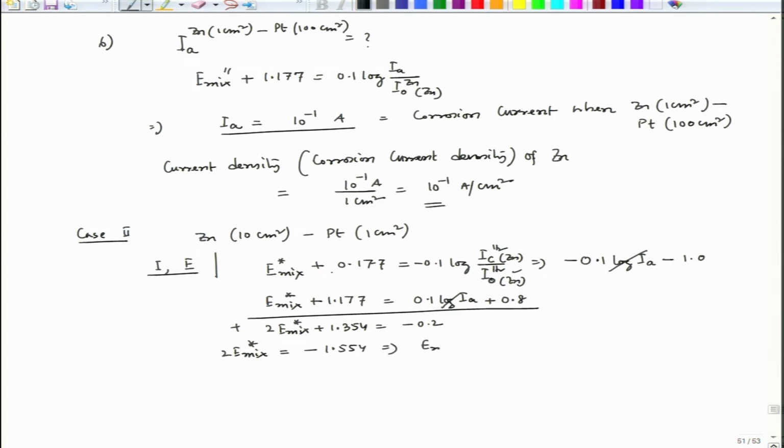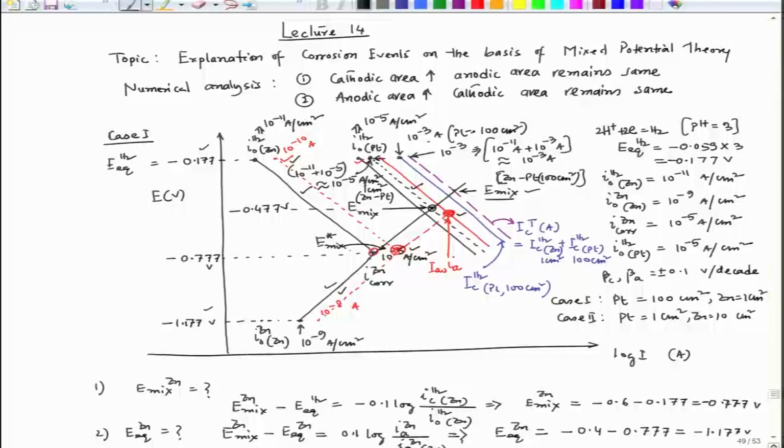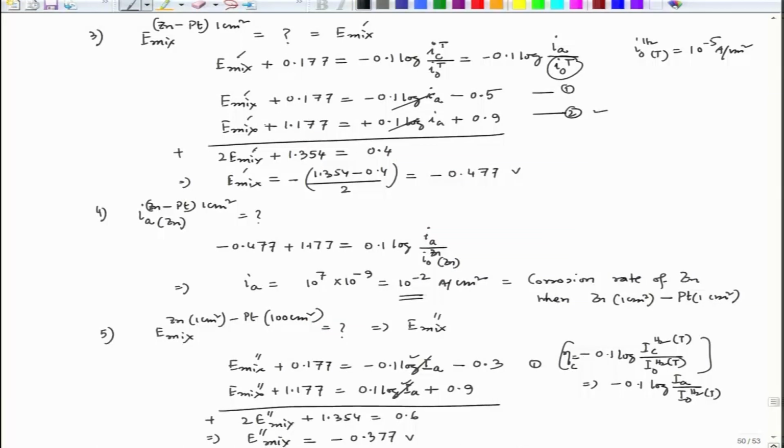So, E mix star equal to minus 0.777. So, interestingly we could see that even if we increase the area, this E mix is nothing but the same value.